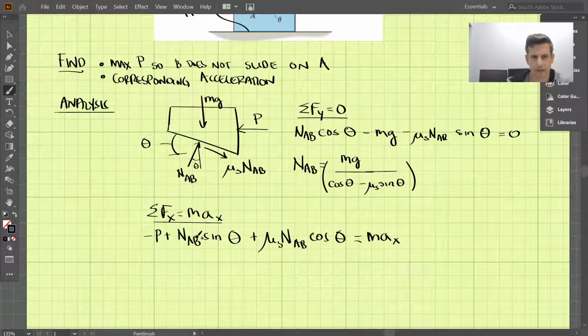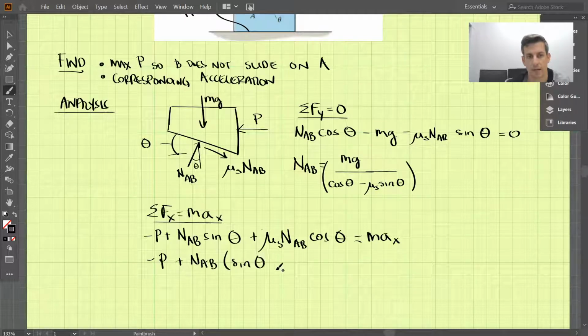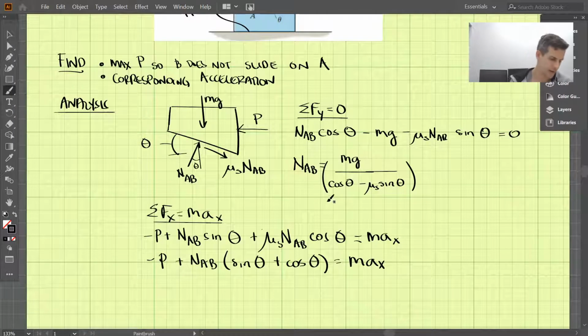So let's factor NAB out of these two things here. So this one and this one both have NAB associated with it. So we have negative P, and that will be plus NAB, and then we have sine theta plus cosine theta equals mass times the acceleration in the x direction. And now let's take what we found for NAB up here and plug that in down here.